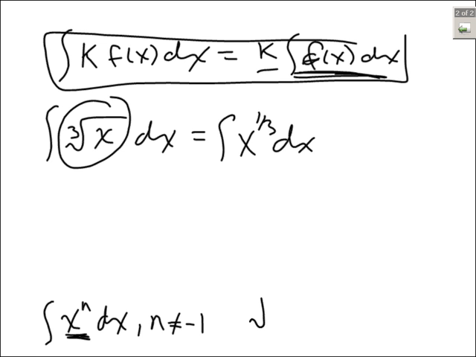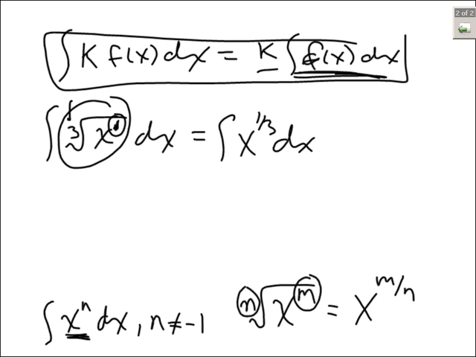Remember that the nth root of x to the m is x to the m over n. It's understood in the cube root of x that the power is 1. So I did 1 divided by 3. There it is. That fits right into this form.